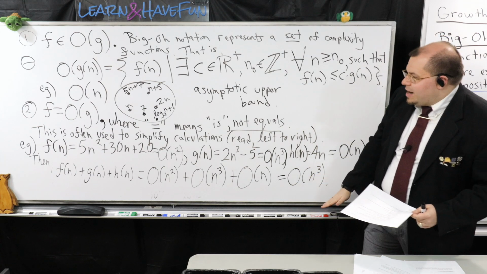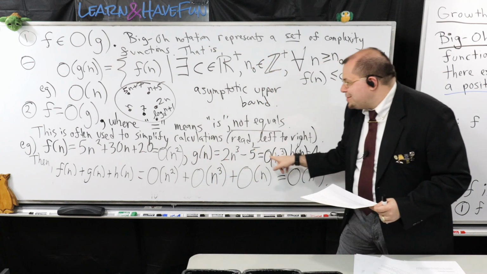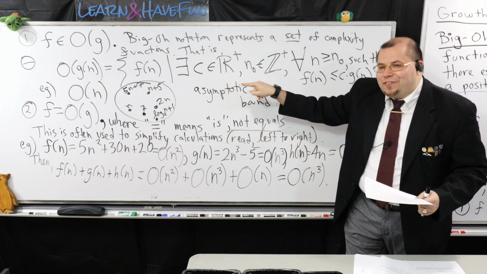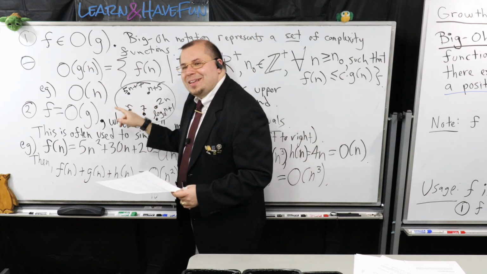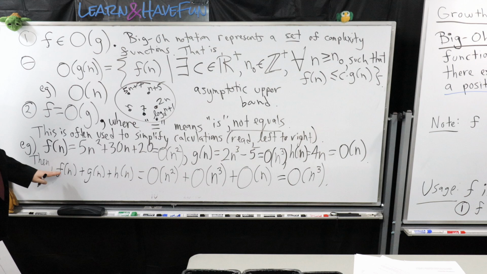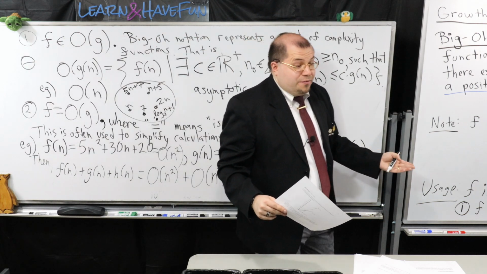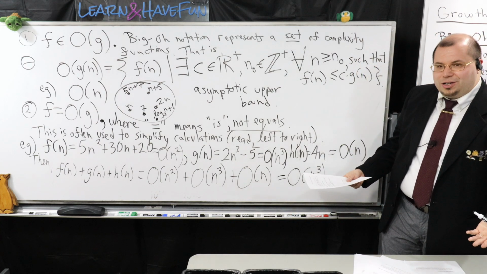The whole idea is that I read it from left to right, because if I tried to reverse engineer this step, there are a lot of different functions that might be big O of n, right? Including 7. So it means that it's not an equal sign. You know that 5n squared plus 30n plus 20 is not the same as 7. In fact, they have completely different asymptotic orders. One's a constant function, one's a quadratic, right?